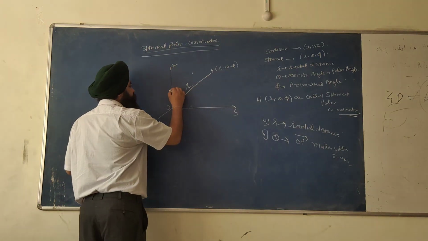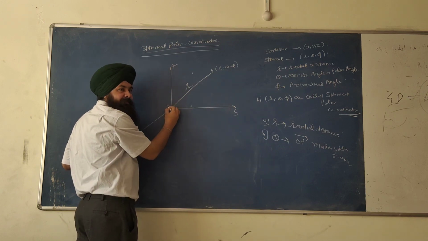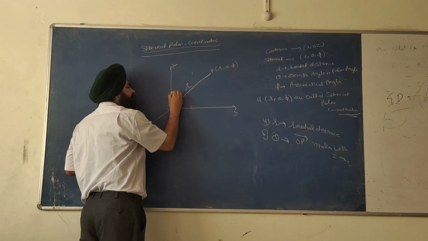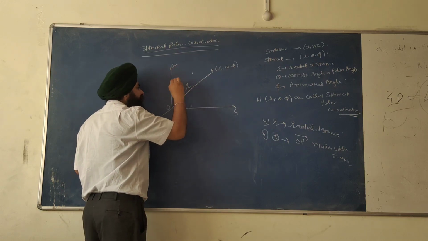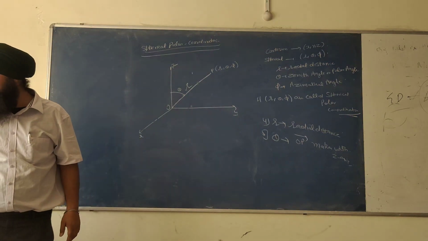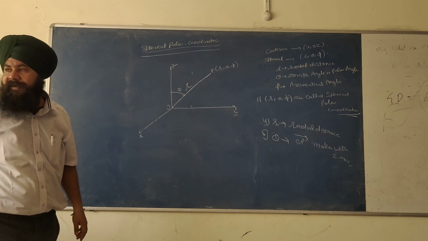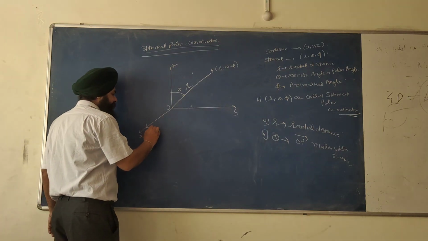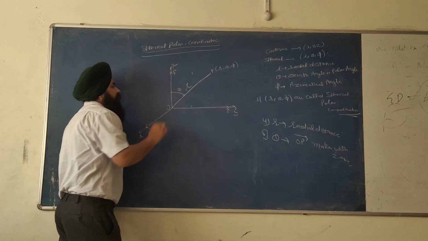So see, this is OP. What is the z-axis? This is the z-axis. So this angle will be theta. This is i cap, this is j cap, this is k cap. Do you understand this?